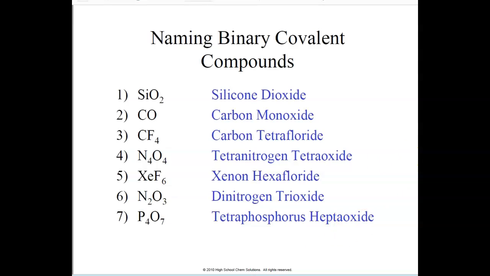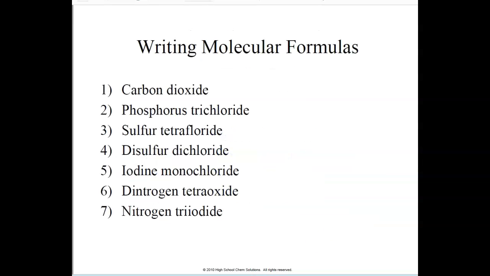So these are naming binary covalent compounds. And it's even easier to go from a name to writing the molecular formula. Carbon dioxide: if there's only one of the first element, that means 1 carbon, but di means 2, so carbon dioxide is CO2. Phosphorus trichloride: there's nothing in front of the phosphorus, so that means 1 P and 3 Cls. Sulfur tetrafluoride: 1 sulfur, 4 fluorides.